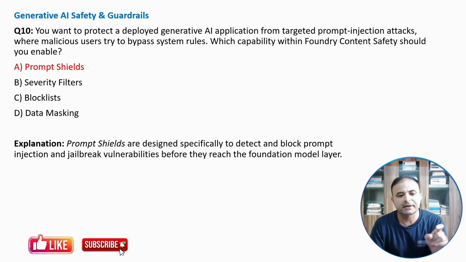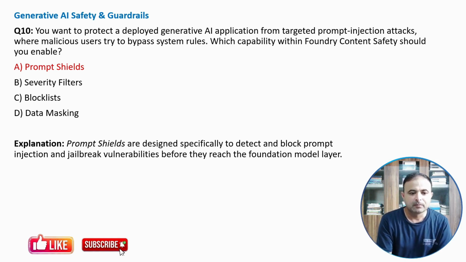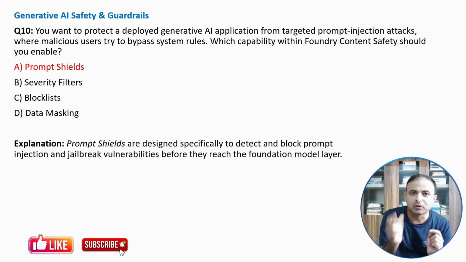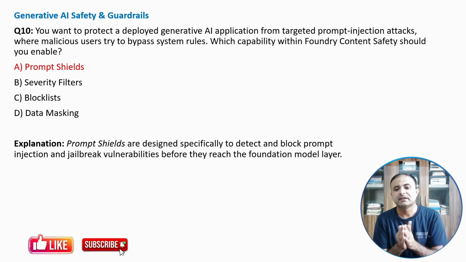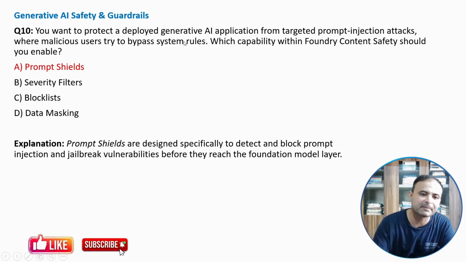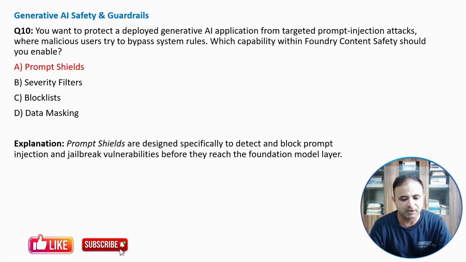So you want to protect a deployed generative AI application from targeted prompt injection attacks. Remember, protect a deployed generative AI model, targeted prompt injection attack, similar to phishing attack, brute force attack, dictionary attack, injection attack, SQL injection attack. If I'm talking about this one, where a malicious user tries to bypass system rules. Malicious users basically want to bypass the system rules. Which capability within Foundry content safety should you enable?